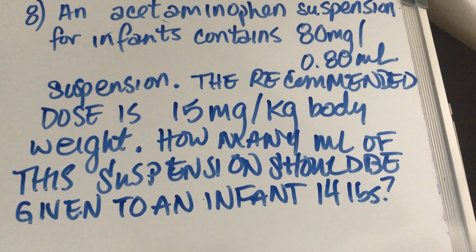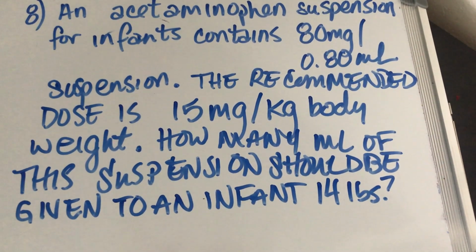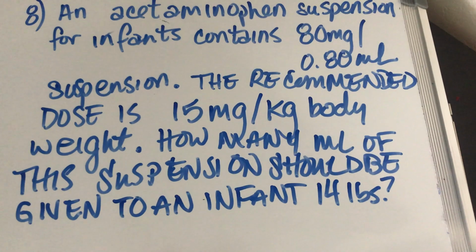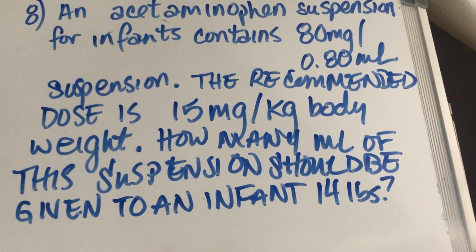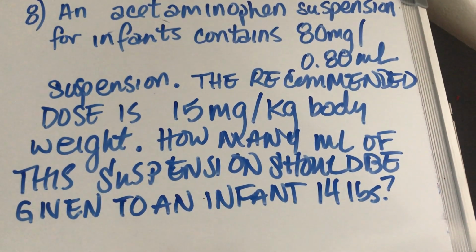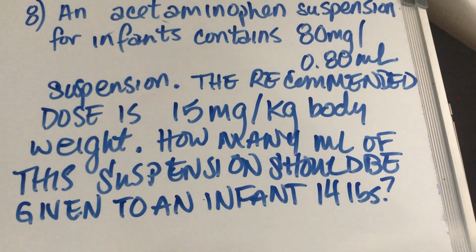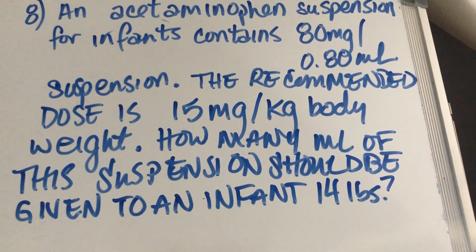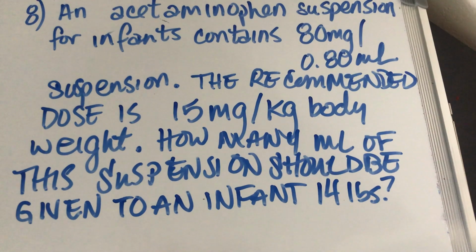So, any of you guys intuitively know how to solve that problem? If you are, you're a wizard, okay? Because I don't think that this is intuitive at all, guys. So the first thing that I always do whenever I'm trying to solve a problem is identify what information I'm given.